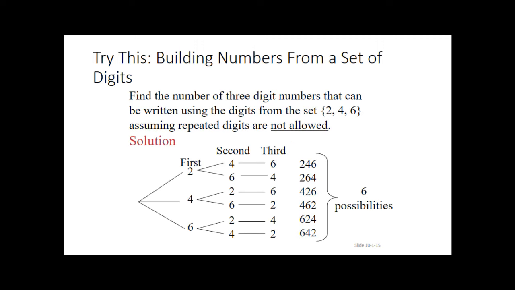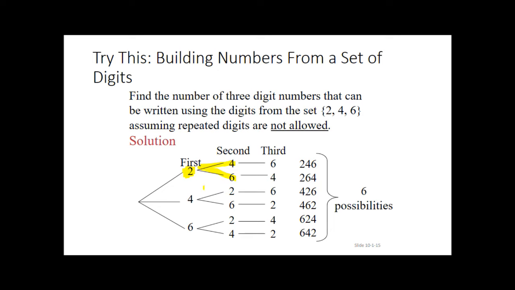Not the only way. So what I've done here is, again, first column has the 2, the 4, and the 6. But look at the difference, how much smaller this chart is, how many fewer branches. That's because the digits are not allowed to repeat. So, for example, when we have the first digit being a 2, right here, okay, then we know that the second digit can't be a 2. It could be a 4 or it could be a 6, but it can't be a 2.